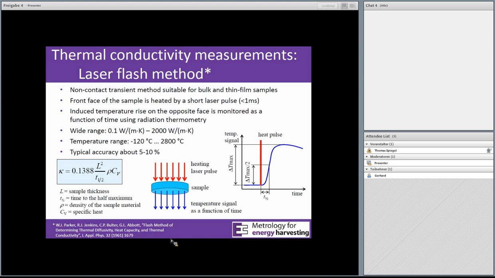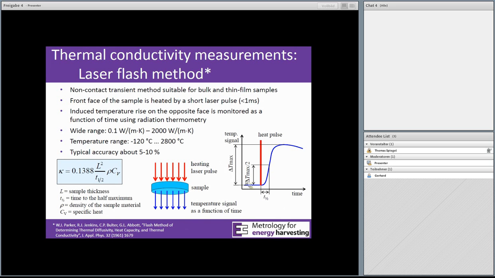Then a few words about the laser flash method. It is a non-contact transient method that has been used both for bulk samples and thin film samples. Typically, the sample is disc-shaped with a diameter of 10 millimeters or larger. One end of the sample is heated with a short laser pulse.